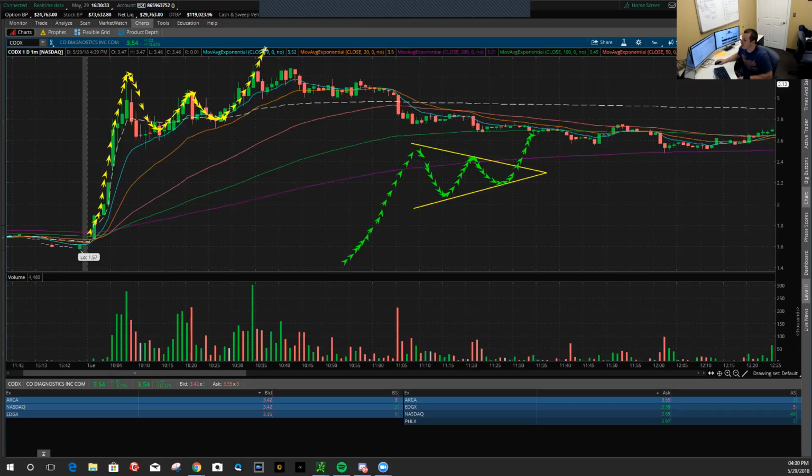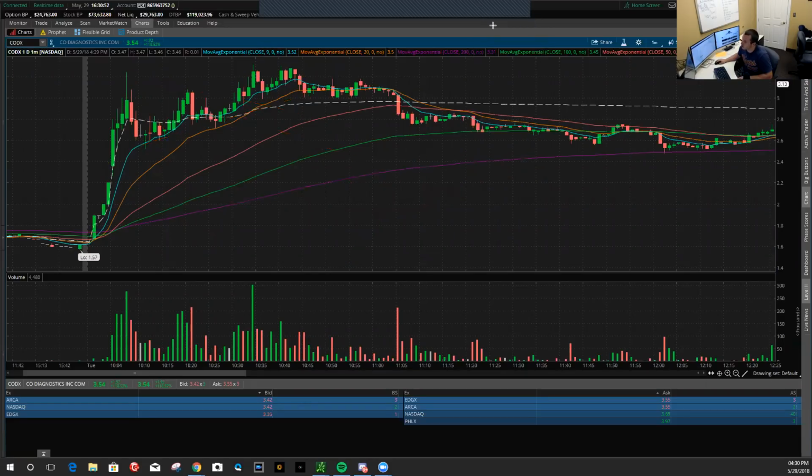Now if I were to take a red line, and we'll use a red line for video purposes, and we draw out the pattern, here you go. Does it not look very similar? Don't they both look very similar to each other? Almost identical patterns. Interesting.